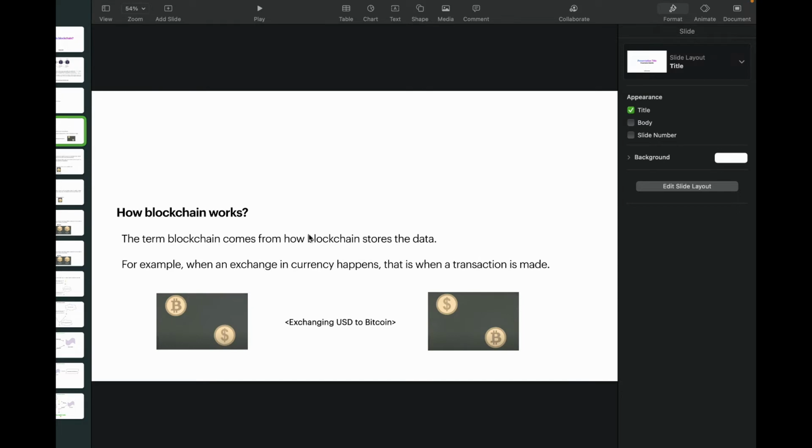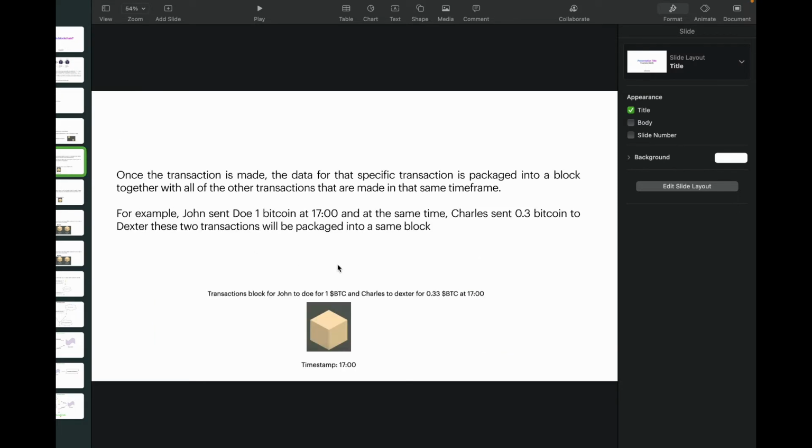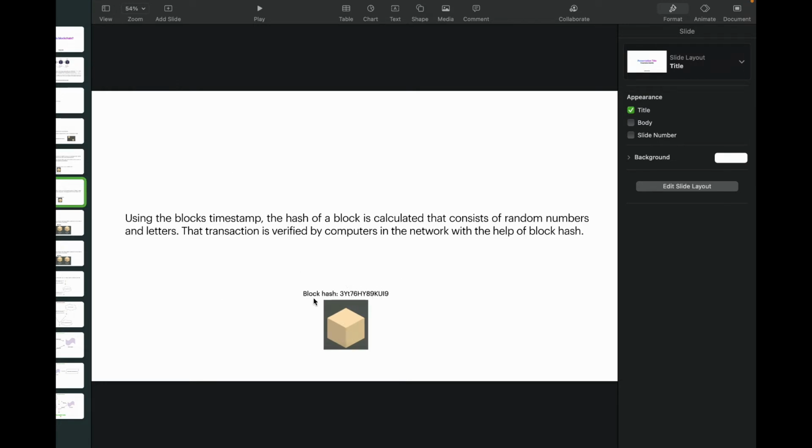Once a transaction happens, it will be packaged into a block, and a timestamp will be noted, and using that timestamp, the hash code of that block will be calculated. Once the hash code is calculated, the transaction will be verified by the computers or the mining machines.